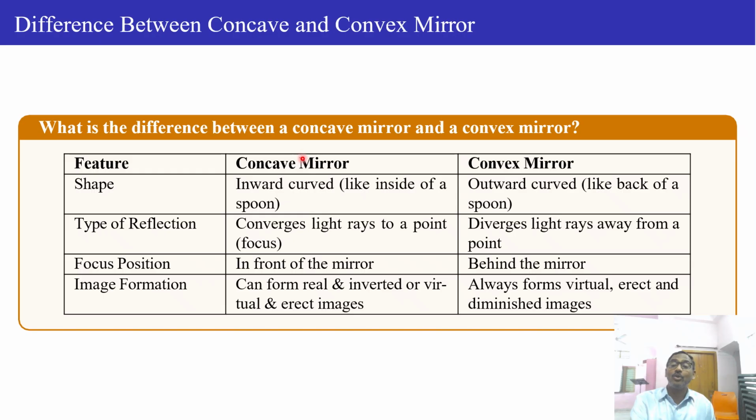What about the shape of a convex mirror? It is outward curved, like the back of a spoon.